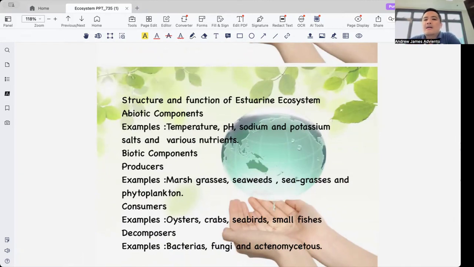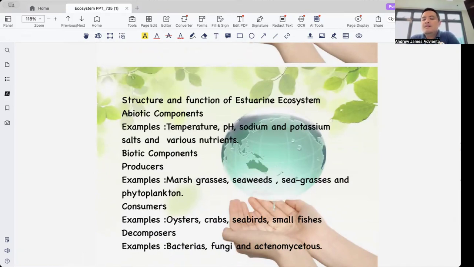Okay, so they act as nurseries for marine life, providing safe breeding grounds for fish, crabs, and shellfish. Examples will be the Manila Bay Estuary in the Philippines, here in Manila, the Chesapeake Bay in the US, and then the Sundarbans Delta in India and Bangladesh.